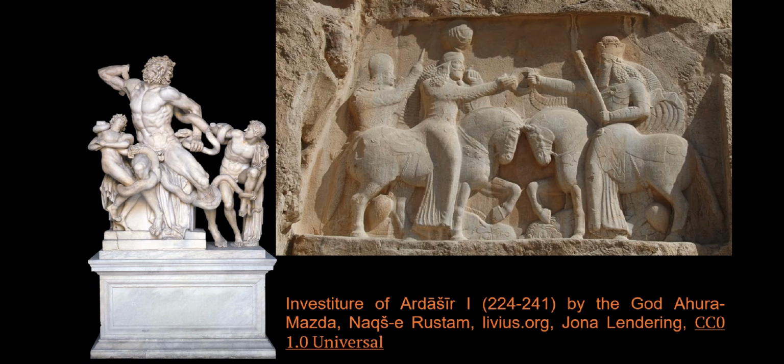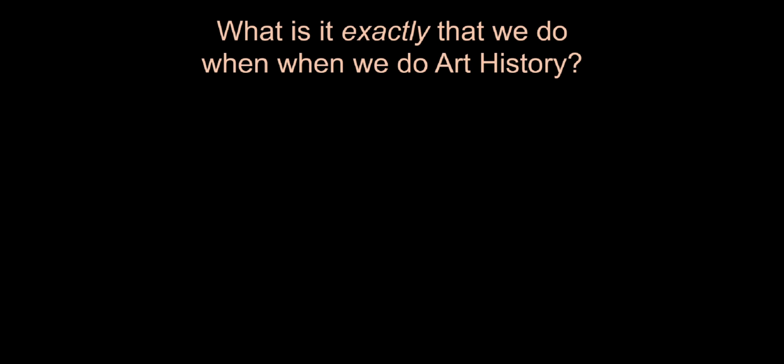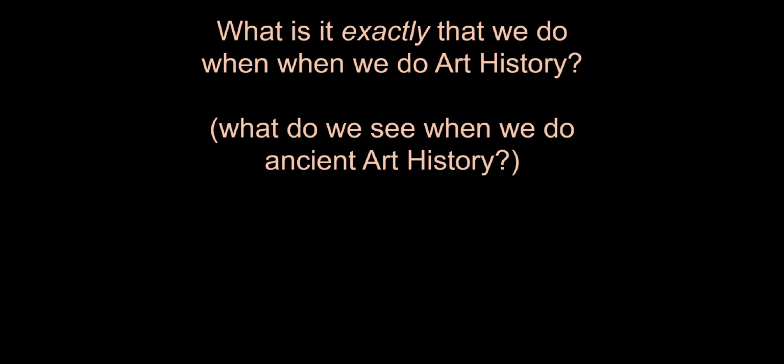In my work as an art historian of ancient Iran, I had to, and sometimes I still need to, detach myself from that narrative in order to better see the works I am working on. And that is going to be today's video subject.